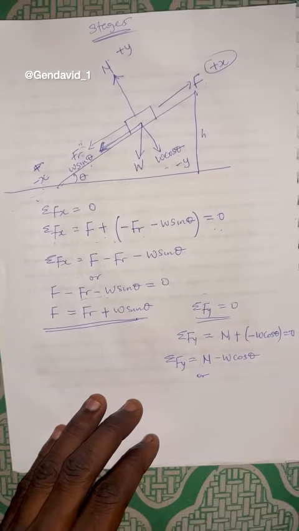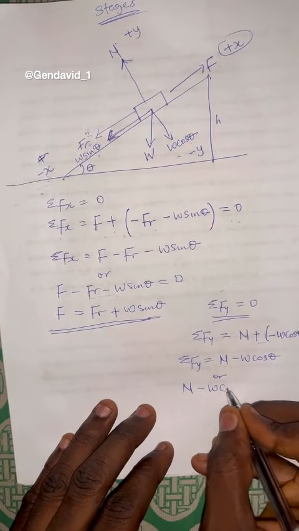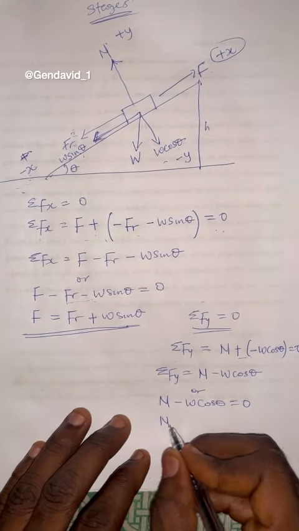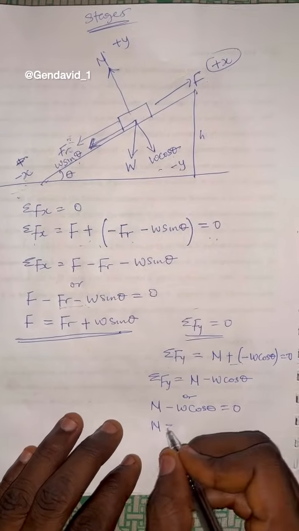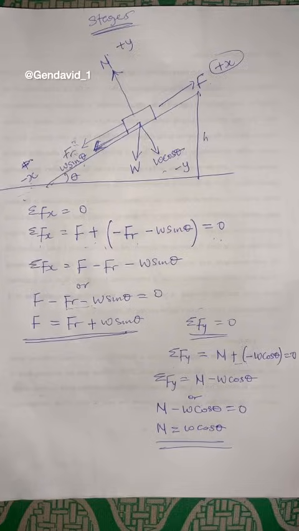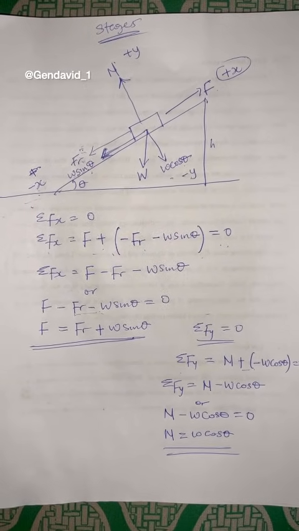Or I say N minus W cos theta is equal to 0. So by this time, if I take this one to the other side, N will be equal to W cos theta.